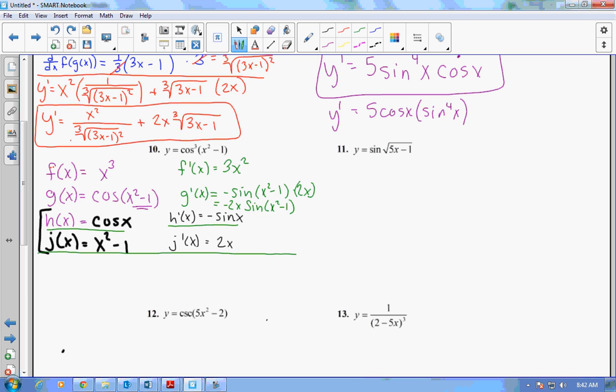My outer guy was cosine x, my inner guy was x squared minus 1. Took the derivative of both of them, and this was all the chain rule using the derivatives. This is all for the derivative of g. So that is h prime of j times j prime. Think you got it?